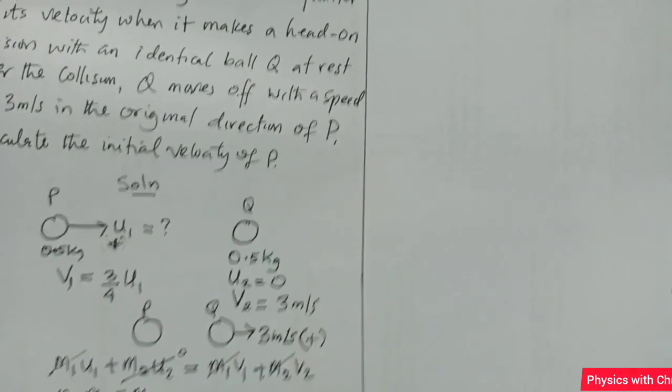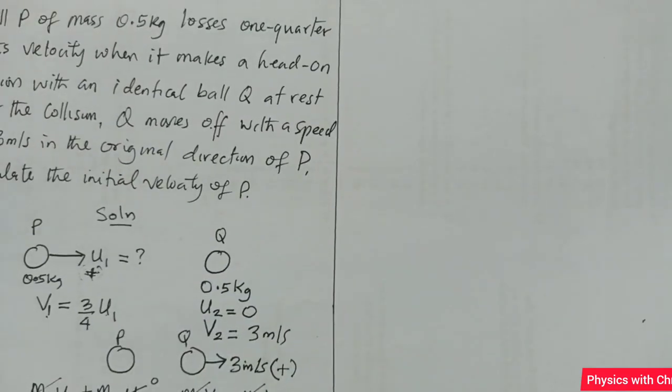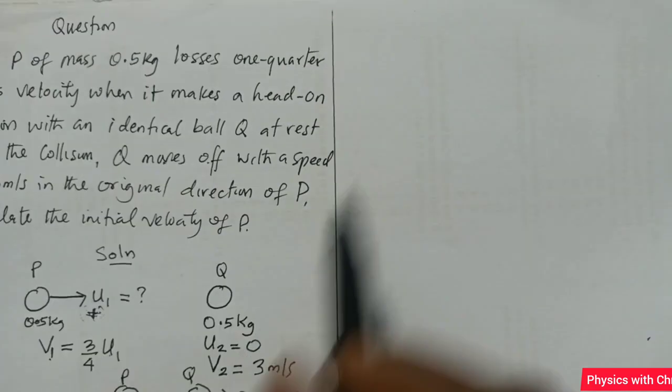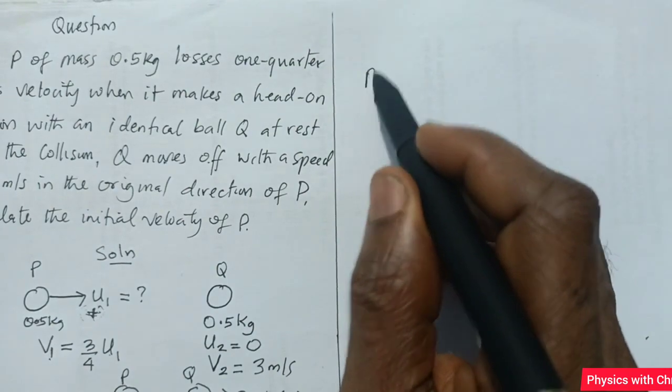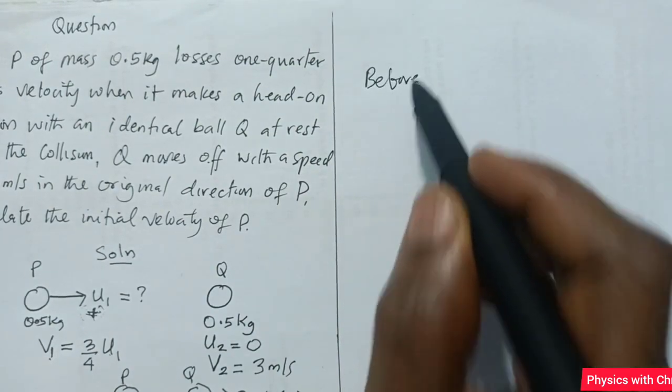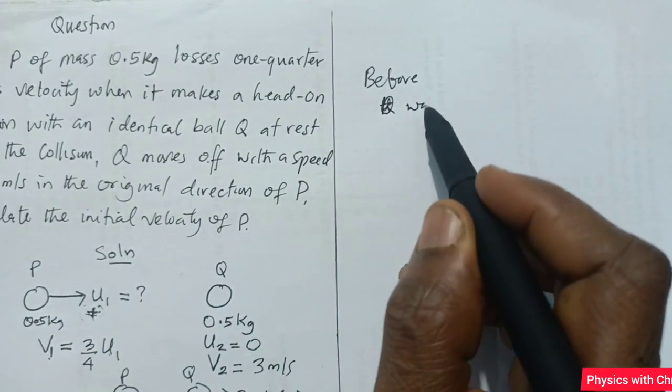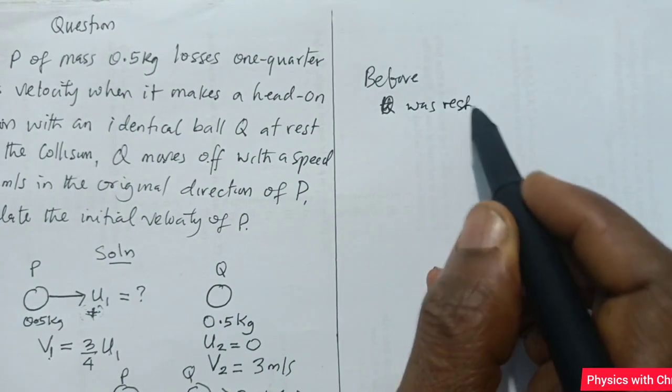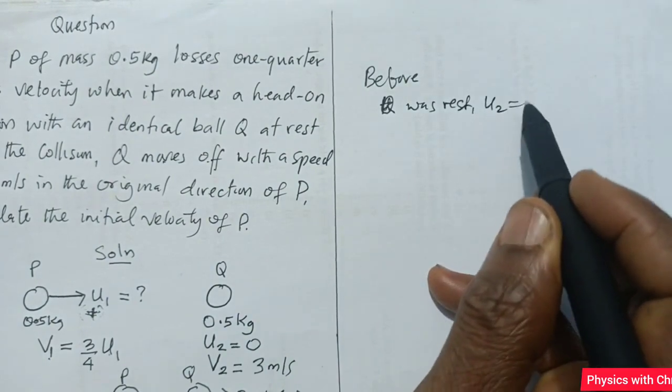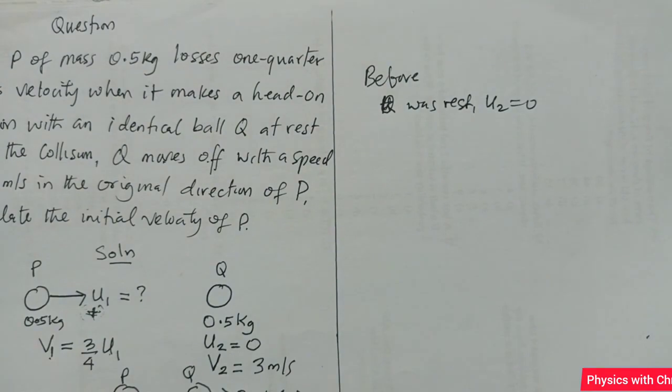Now, is it possible to check whether this collision is actually elastic or inelastic? Okay, let's see their kinetic energy. Before the impact, when Q was at rest, its initial velocity U2 is 0. So their total initial kinetic energy, since no external force acts, will be that of ball P alone.